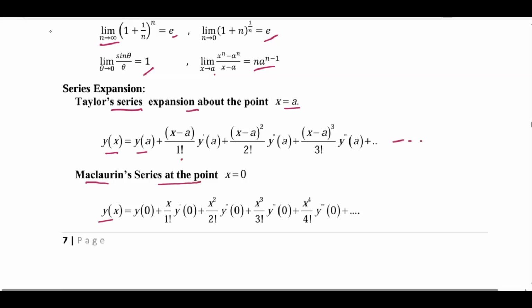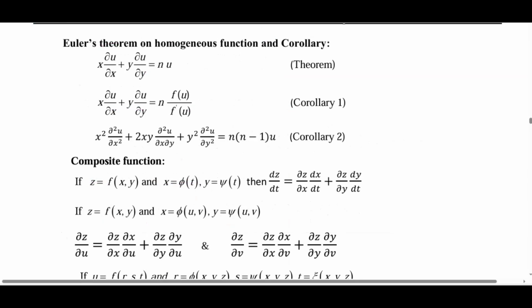We have y of x equals y of 0 plus x divided by 1 factorial y dash of 0 plus x square by 2 factorial into y double dash of 0 plus x cube divided by 3 factorial y triple dash of 0 plus x power 4 divided by 4 factorial y to the power of 4 dash of 0. Then you have Euler's theorem on homogeneous functions and corollaries.